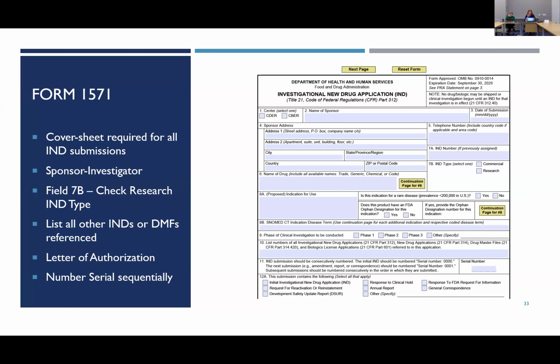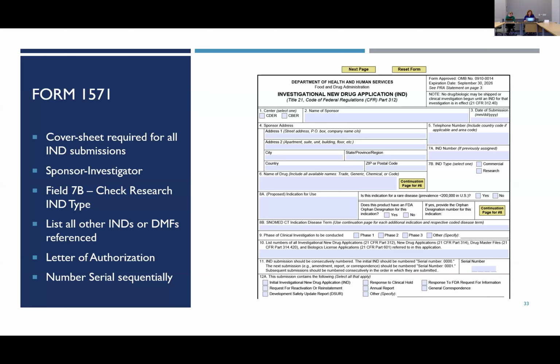Of note, the upper right-hand corner has an expiration date on this form. So you always want to go to the FDA's website to pull the most recent form that's available, so that you're not using an expired version. There might be changes that help you out here.